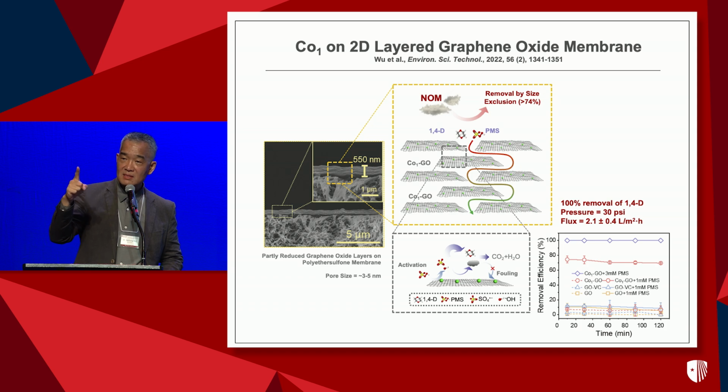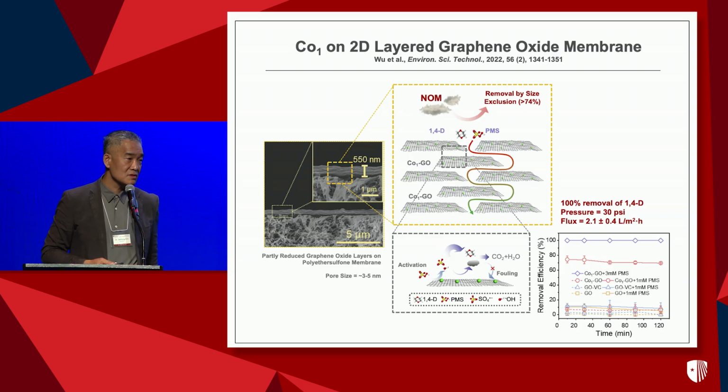Even if it passes through, because of the catalyst loaded on the surface of the membrane, it gets destroyed. That's the concept, and this is the demonstration of complete removal of 1,4-dioxane using this catalytic system.